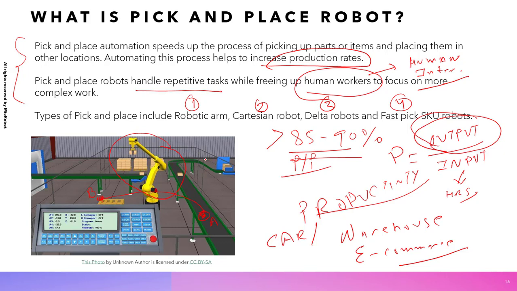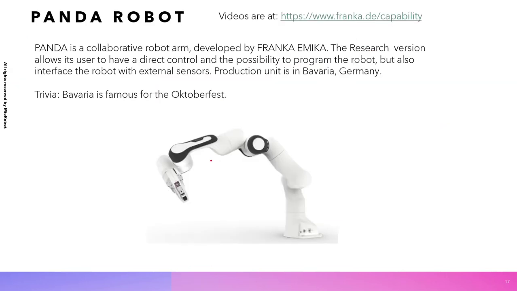All right, let's go to the next slide. The robot which we'll be talking about is the famous Panda robot. It is created by a German company called Franka Emika, and it has both a production version and also a research version, according to the website of the Panda robot, which allows you to do a lot of R&D and explore the possibility to program the robot beyond what it comes with.